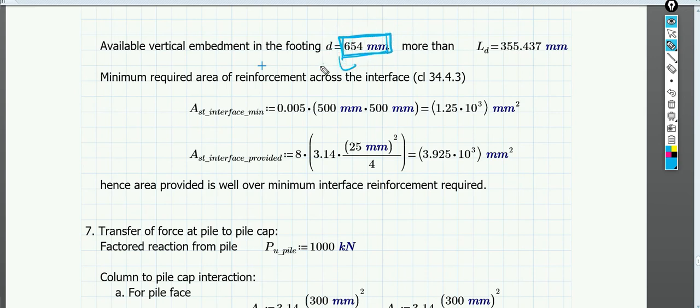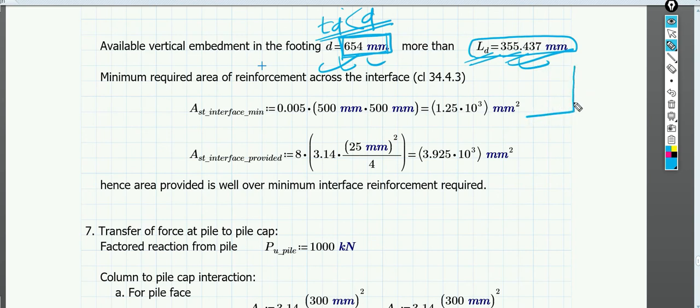So this much depth is already available to us for embedment of our reinforcement from the column face inside the pile cap. So Ld that we have provided is 355. This Ld is less than D, so that means this space is available for providing the reinforcement, so it is okay. That means if we extend the reinforcement inside the pile cap, it will be able to transfer the load sufficiently, and the bearing condition can be satisfied.